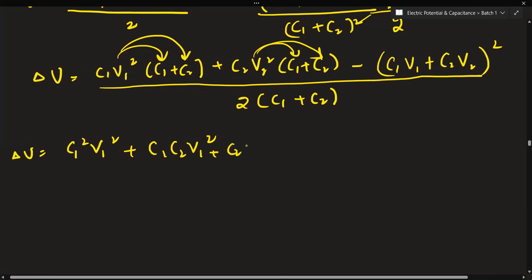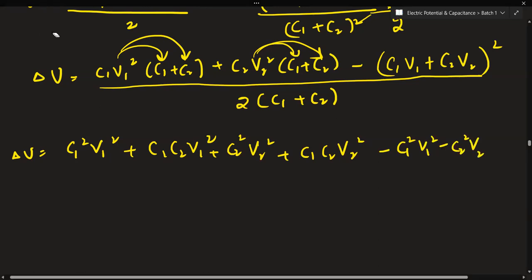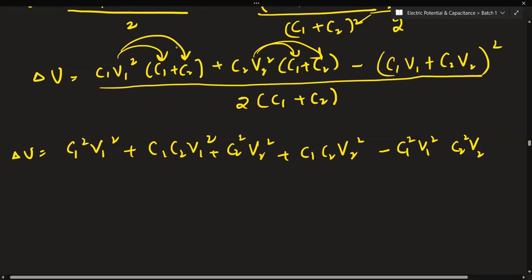This becomes C2 square V2 square plus C1 C2 V2 square, minus C1 square V1 square, minus C2 square V2 square, and when you open the bracket, this will become minus 2 C1 C2 V1 V2.